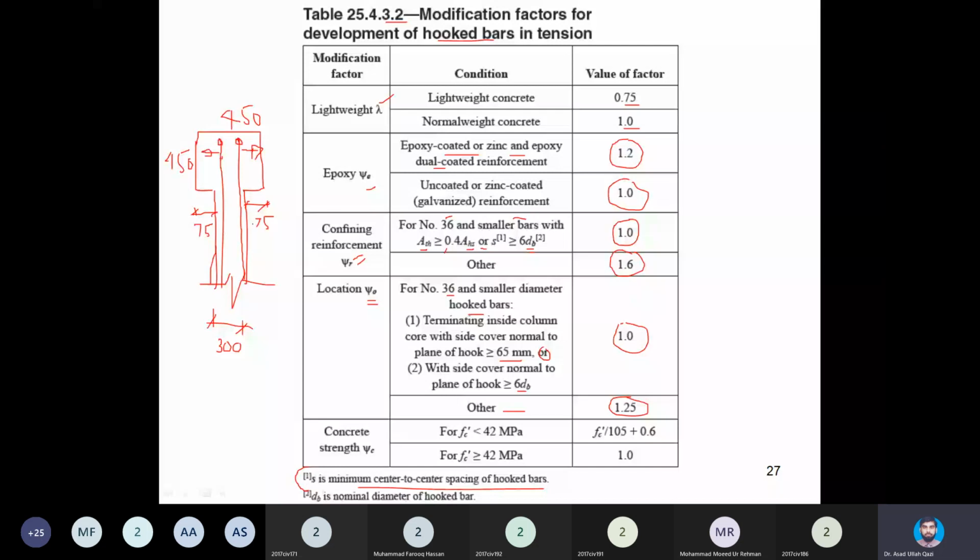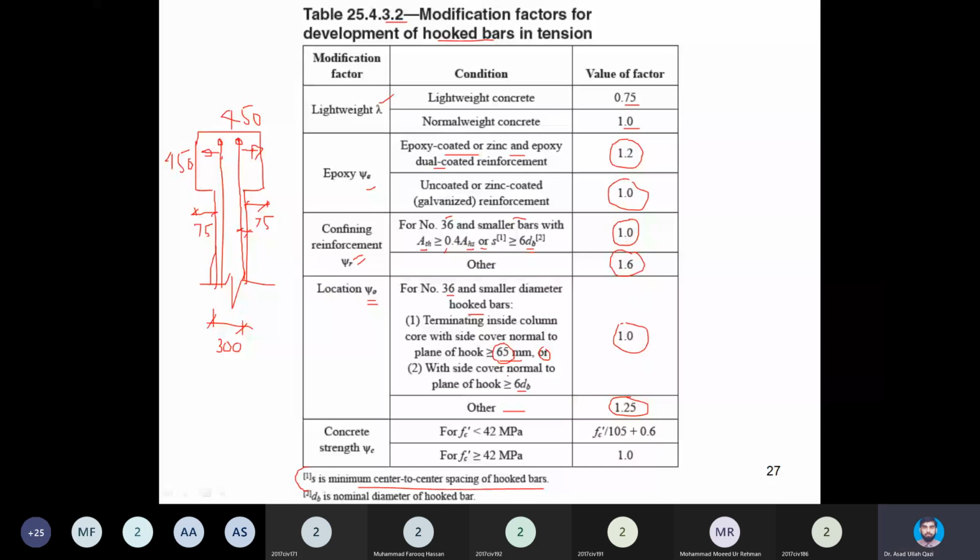So in this case 75 is already the additional column width, plus we also have the cover on the bar due to the beam provided cover. So if it is even 50 or 60, once you add them up, it will become more than 120, 130. So normal to the plane of the hook, 65 was required, so I am fulfilling that.